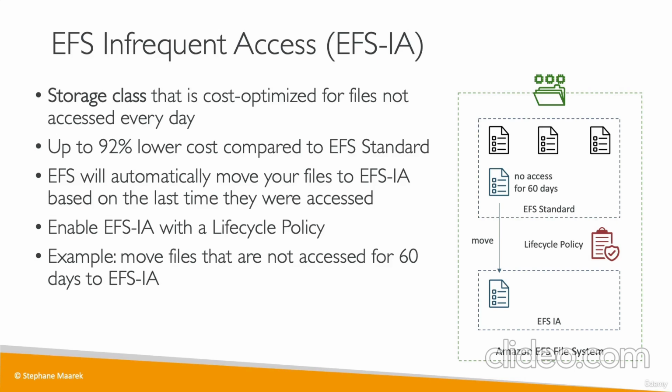And this is going to be done automatically. Now, next time you access this file, it's going to be put back into EFS Standard because it's accessed more often, right? So the idea is that this is a cost-saving optimization, and from an application perspective, there are really no drawbacks.